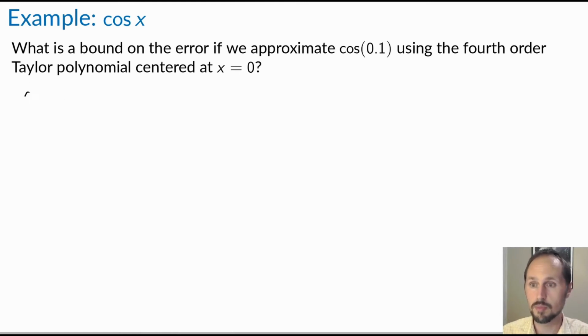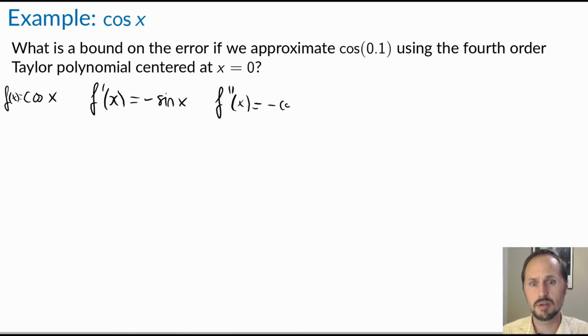Here we're going to remember we have cosine of x. Let's say that's f of x. Then f prime of x is negative sine of x. F double prime of x is going to be negative cosine x. And f triple prime of x is going to be sine of x.